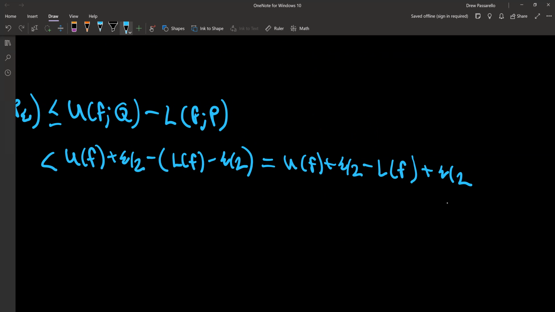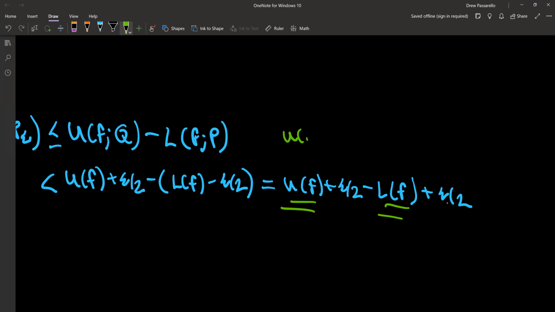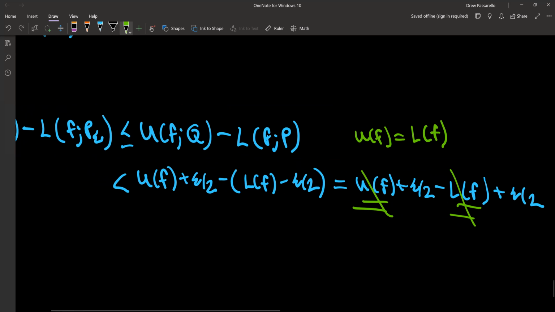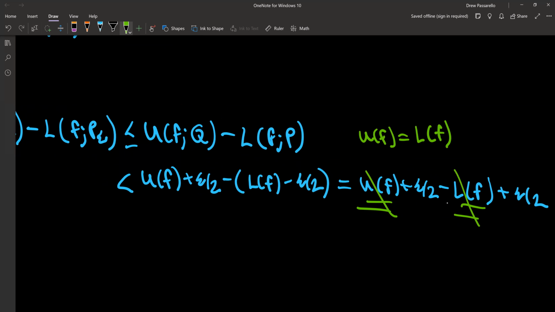But we know that these are equal since we're assuming f is Darboux integrable. And so those cancel each other out. And so you just have epsilon over 2 plus epsilon over 2, which is epsilon. So all of this is equal to epsilon.